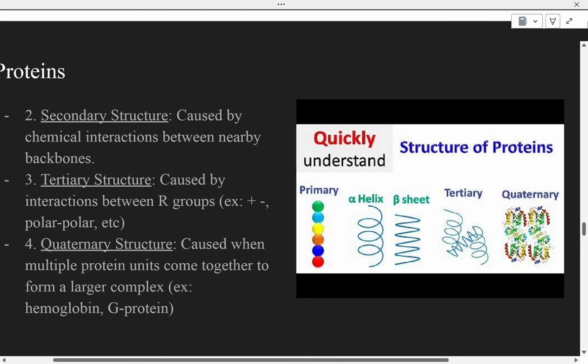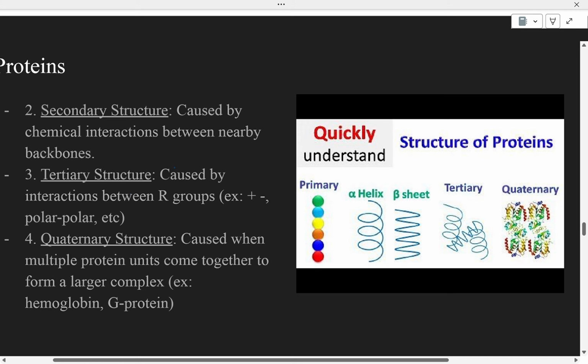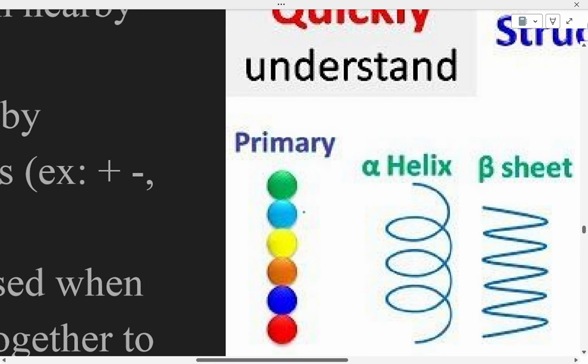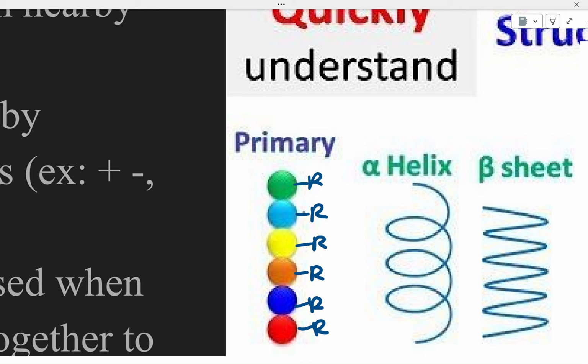Okay, now let's zoom out even further. Now we're looking at tertiary structure. So this one is going to be caused by the interactions between the different R groups on all these amino acids. So if you can imagine, all of these have some R group sticking off of them like this, right? And let's say if this is positive, this is negative, these guys will try to get closer to each other. And if this is, for example, polar, and this is polar, then these guys will try to get close to each other.